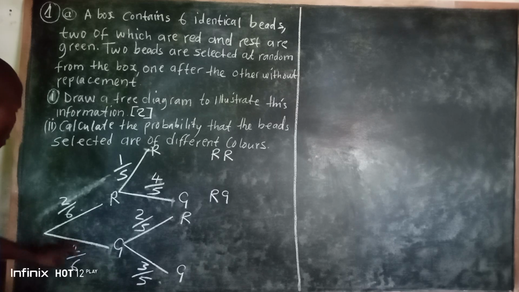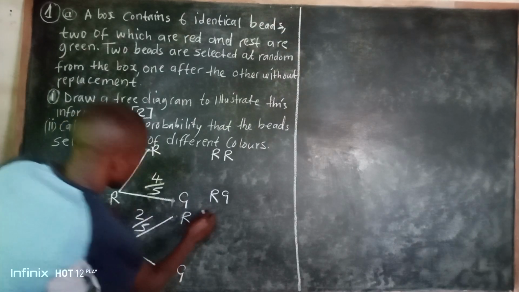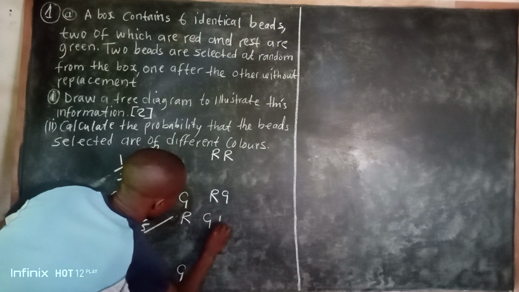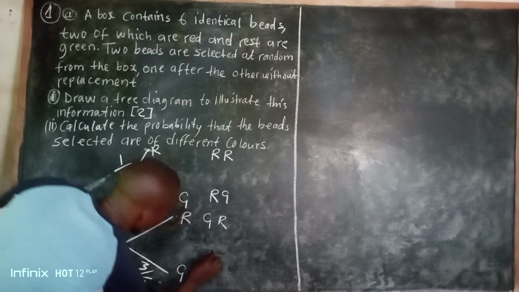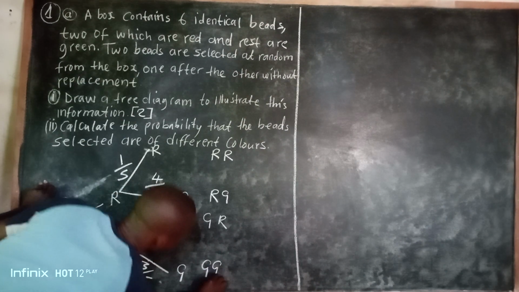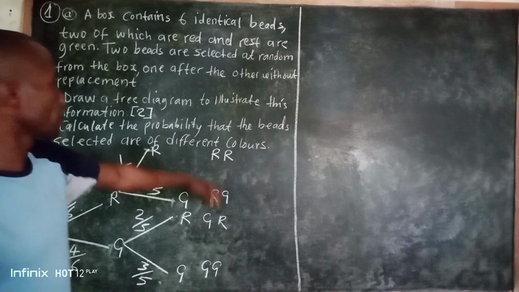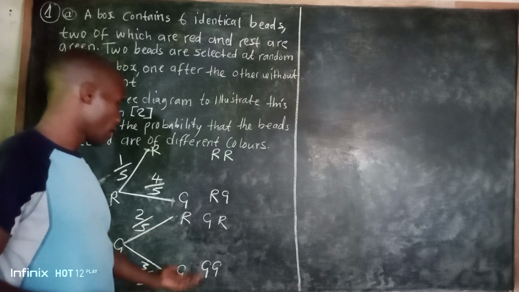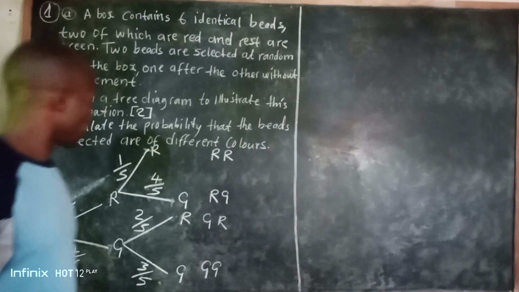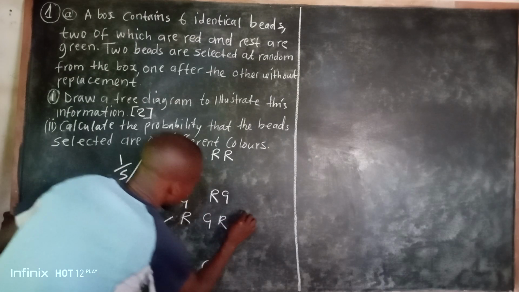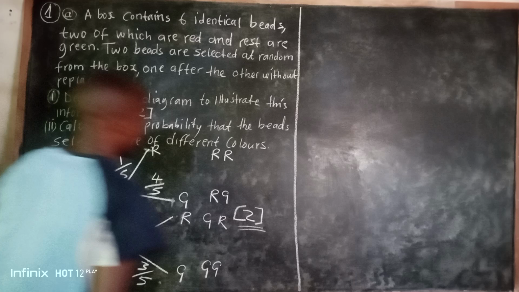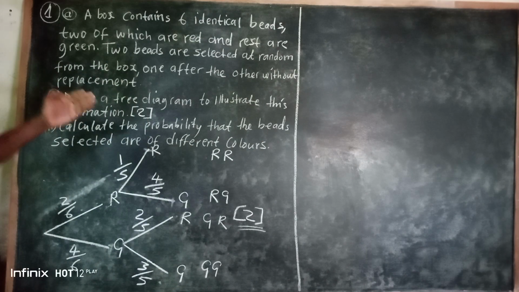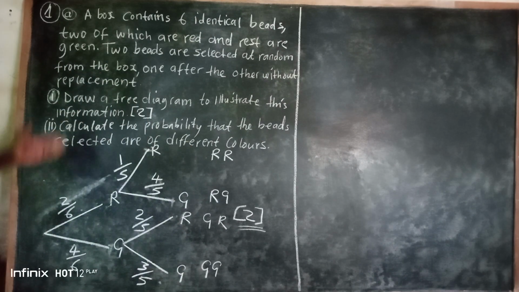Then for this one, we have GR, so we are going to write GR. Then the last one is GG, so we are going to write GG. Okay, so this is red, green, red, green. Okay, so this is 2 marks. So it means you have earned 2 marks just by drawing the tree diagram according to what we are asked.